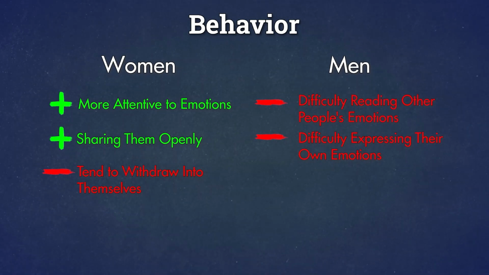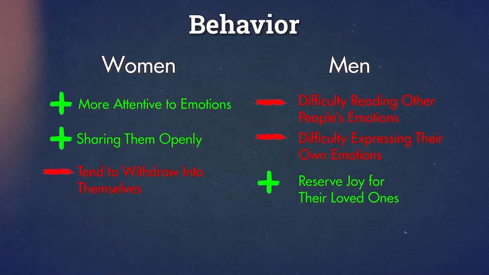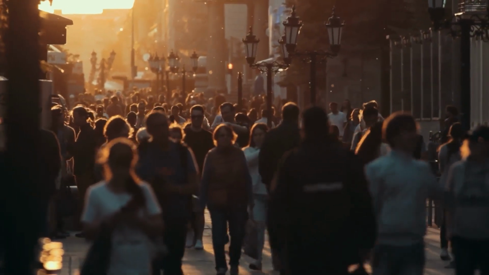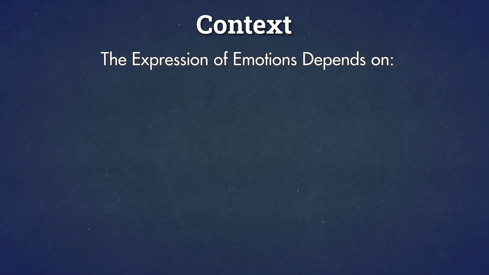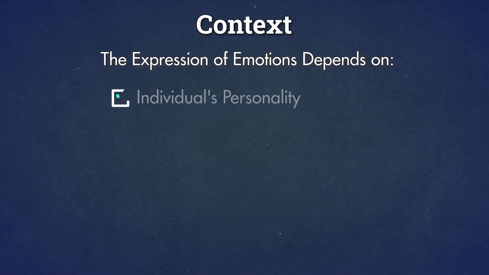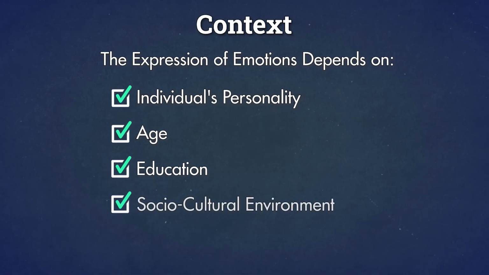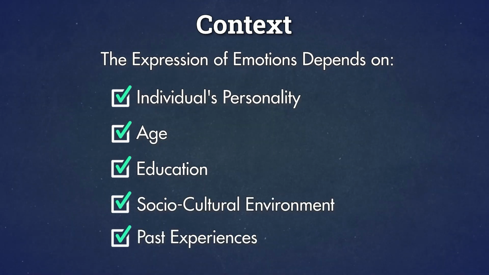They express their unpleasant emotions, but reserve joy for their loved ones. A group, such as a crowd, also exerts its own socio-emotional influence. However, we should not neglect the context. The expression of emotions depends on an individual's personality, age, education, socio-cultural environment, and past experiences, as well as what they consider positive or negative.